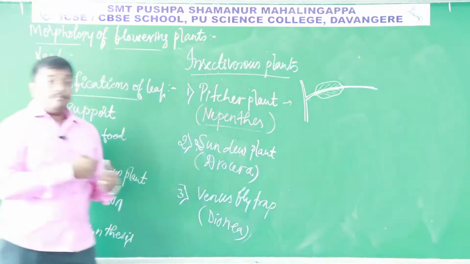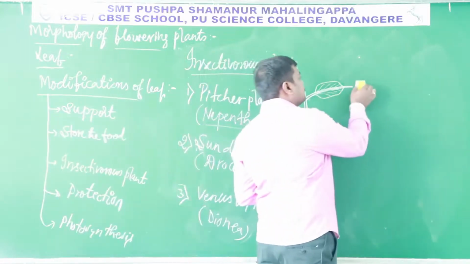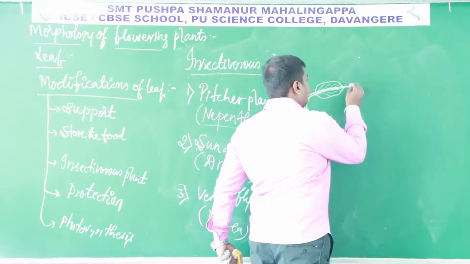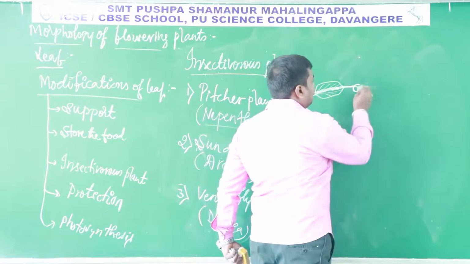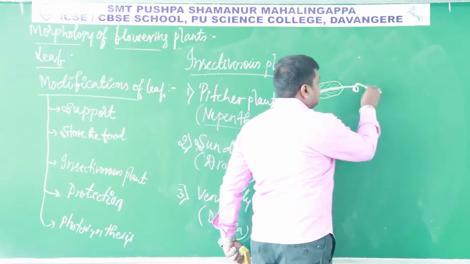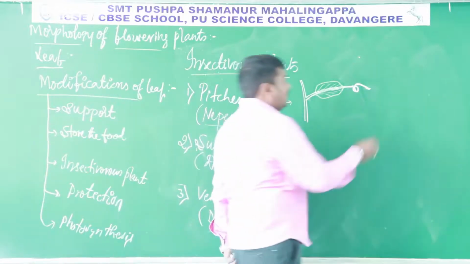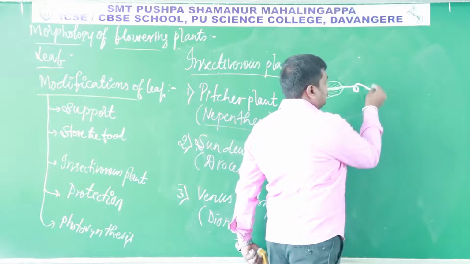So the midrib further extends and this midrib sometimes gets modified into a tendril as well. It gets modified into a tendril like this. Okay, so it modifies into a tendril. Then at the tip, there is the leaf tip.